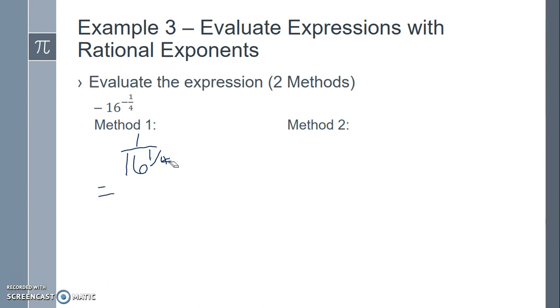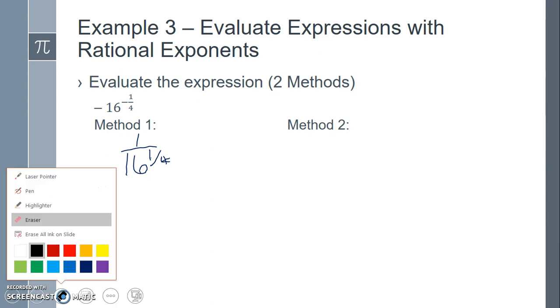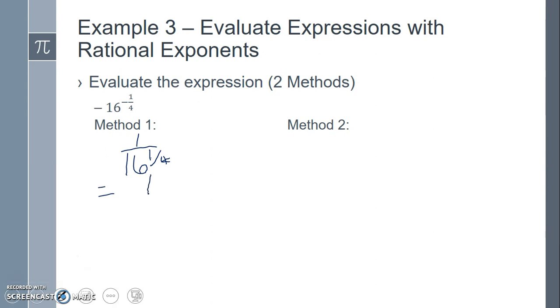That is the same as 1 over the fourth root of 16, which is what we just learned. Now, what is the fourth root of 16? You can either do this in your calculator, like 16 to the 1/4, or you can remember that 16 is the same as 2 to the 4.